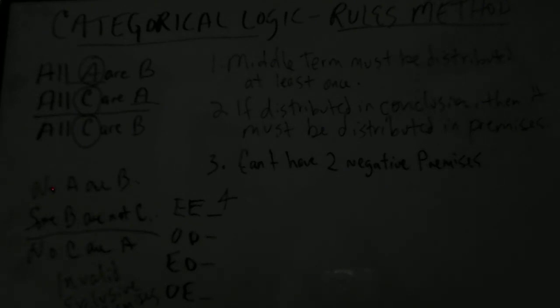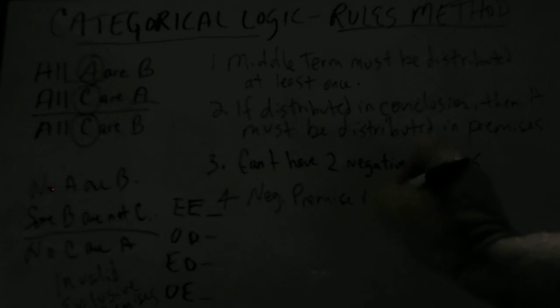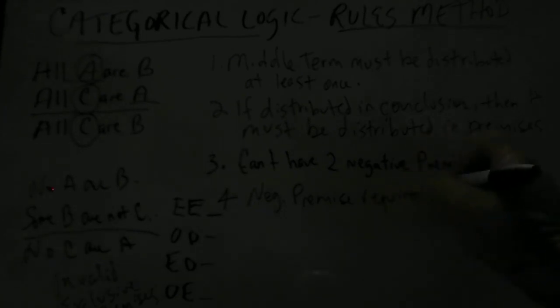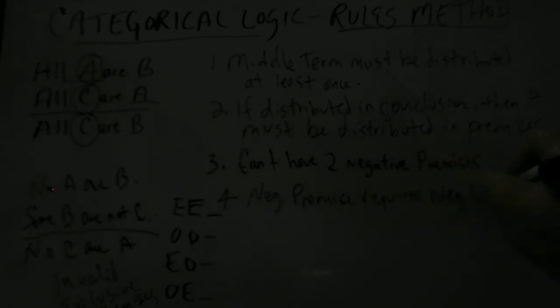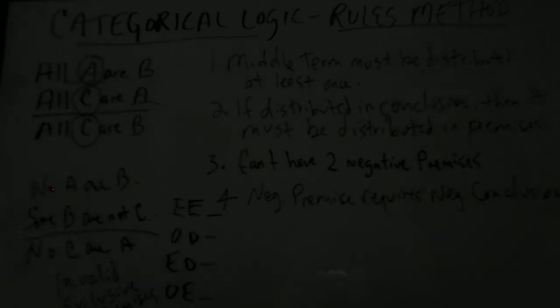So, if you have one negative premise, because you're not allowed to have two, then your conclusion has to be negative. So we'll just say a negative premise requires a negative conclusion, and vice versa.